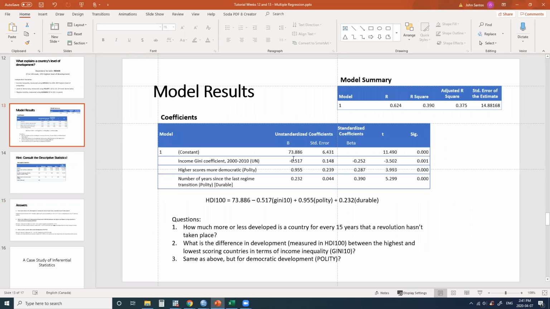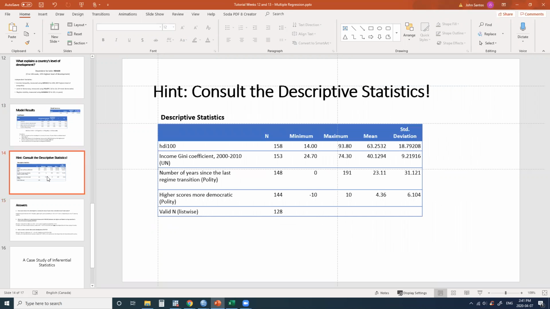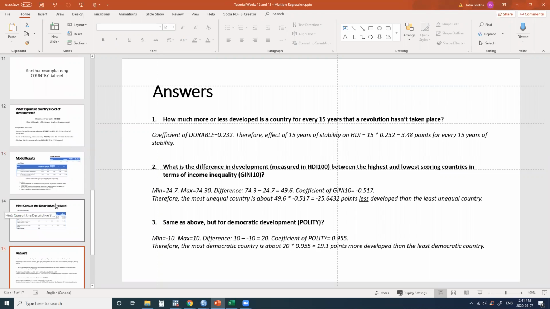They just focus on whether a coefficient is negative and statistically significant, or positive and statistically significant, and they don't go into the substantive interpretation. So being able to do this is pretty important. That's the end of the live lab portion.